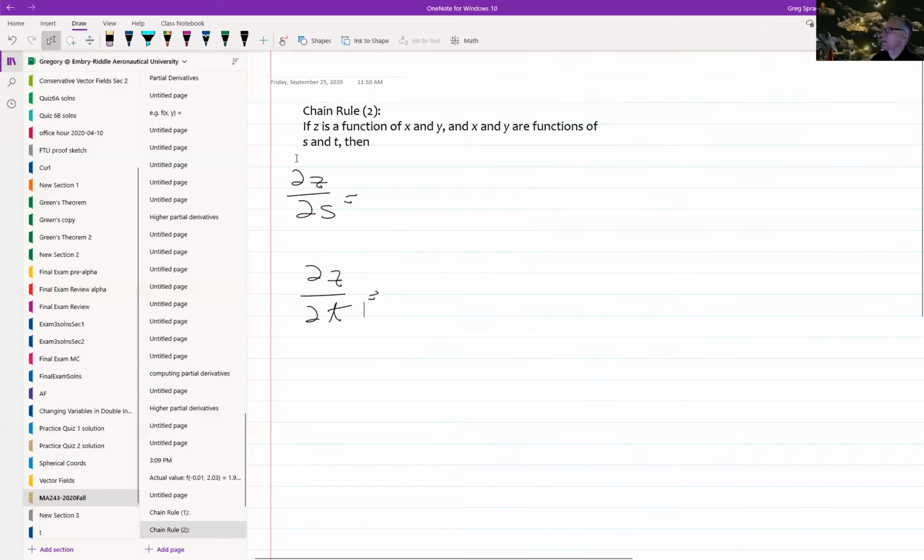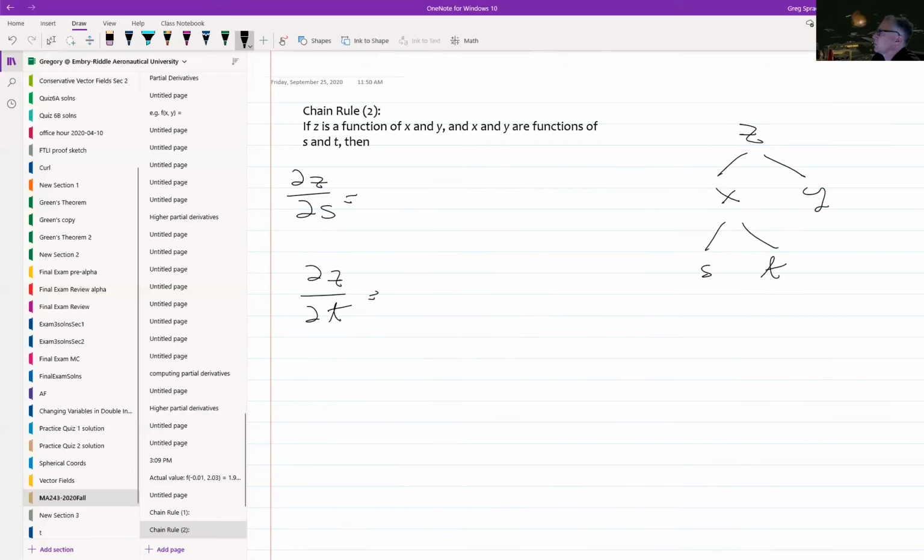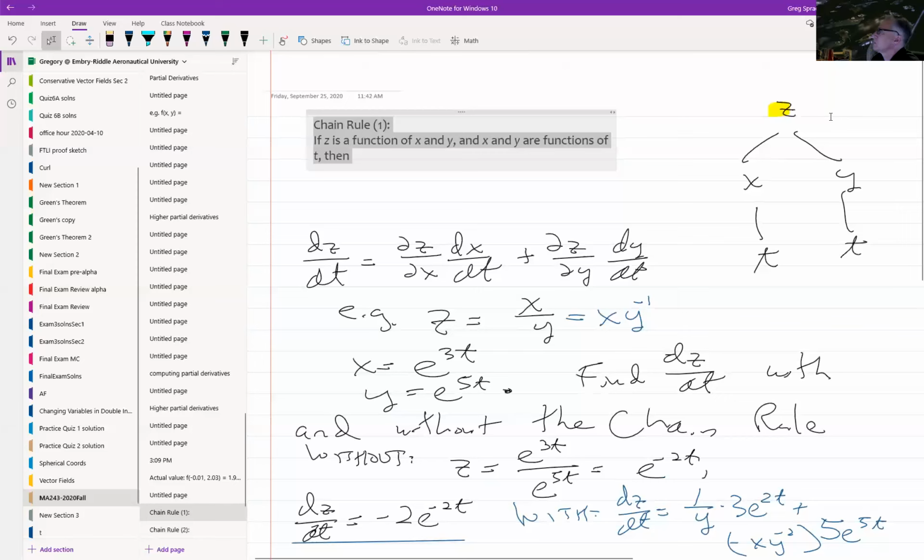All right, and to figure out the formula, I'll draw the tree diagram again. So the dependent variable is z, the intermediate variables are x and y, and the independent variables are s and t. Now, I forgot to write that on the previous chain rule. So z is the dependent variable.